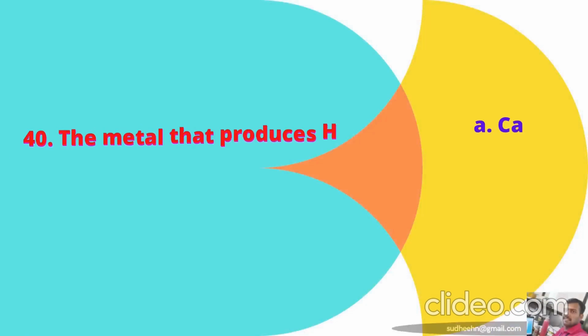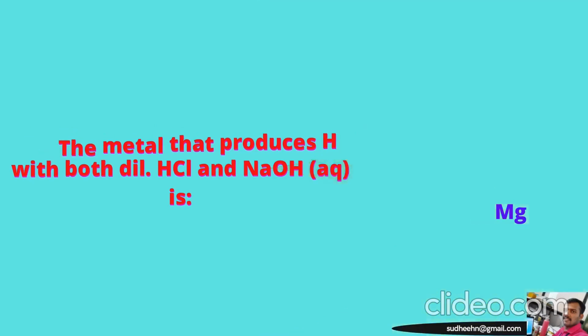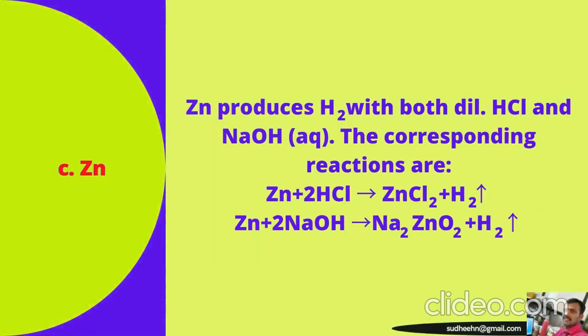Then question number 40. The metal that produces hydrogen with both dilute hydrochloric acid and sodium hydroxide, that is an aqueous solution, is: Ca, that is calcium, Fe, that is iron, Zn, zinc, and Mg, magnesium. And the right answer is option C, that is zinc, because zinc produces H2 with both dilute hydrochloric acid and sodium hydroxide.